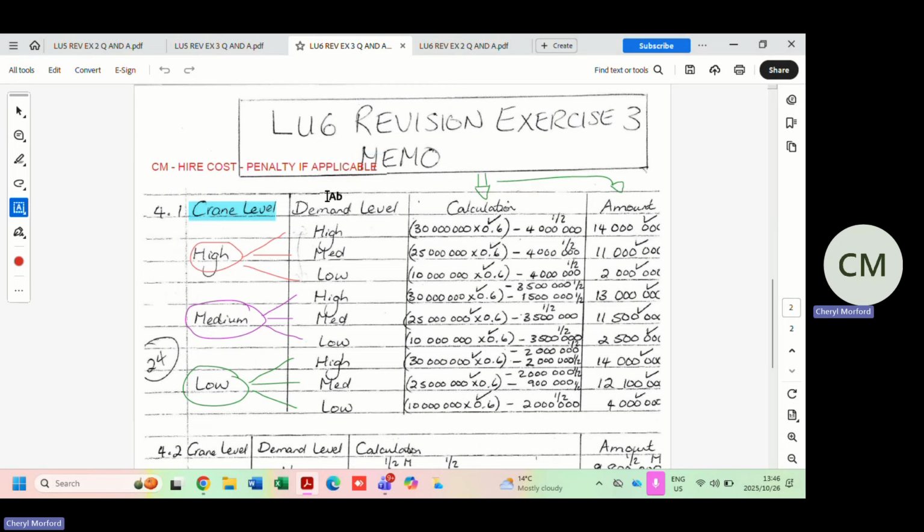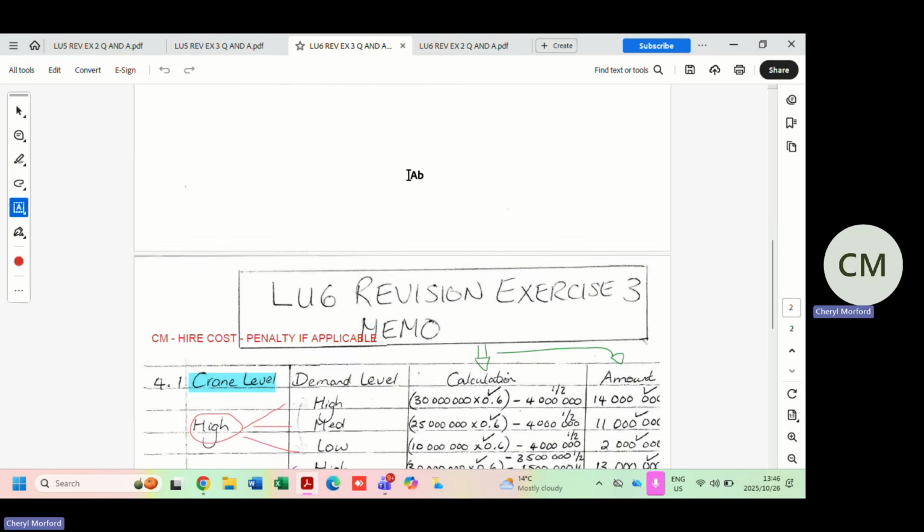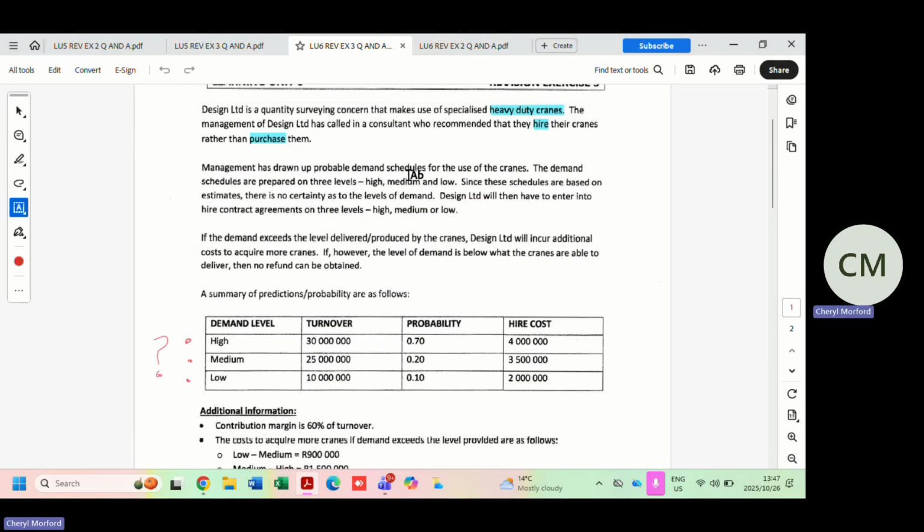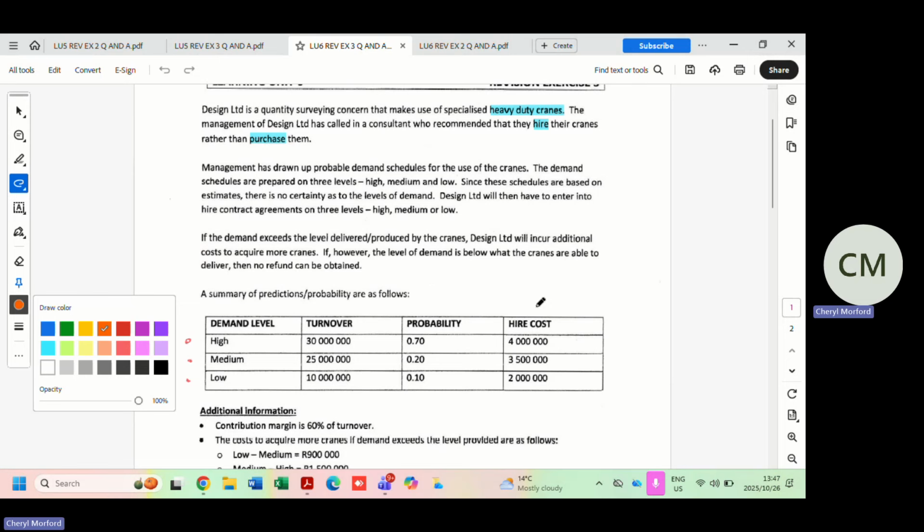Now let's go back to the question to see what I mean by that. So it says here, in this column, here is the higher cost. So no matter what, we have to pay upfront the higher cost in order to obtain the equipment.